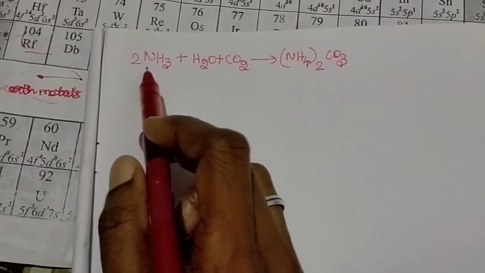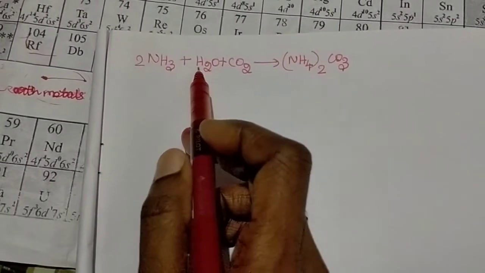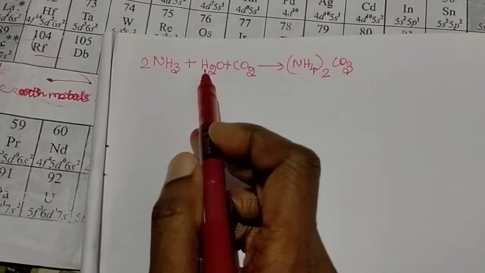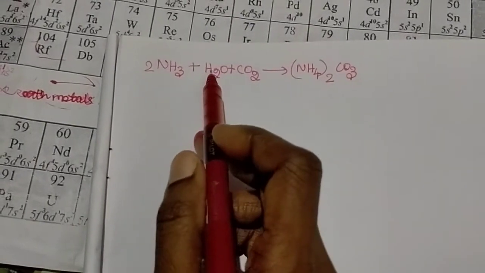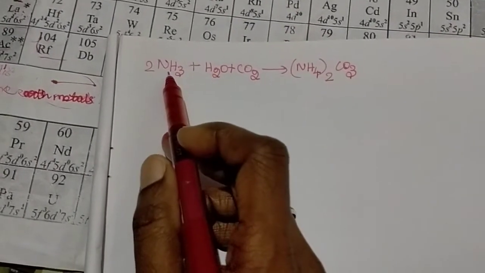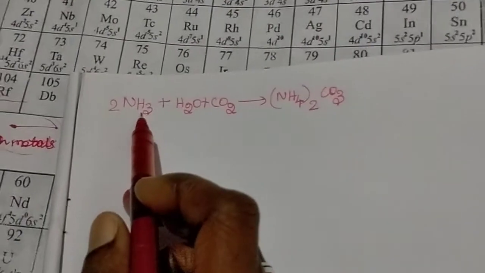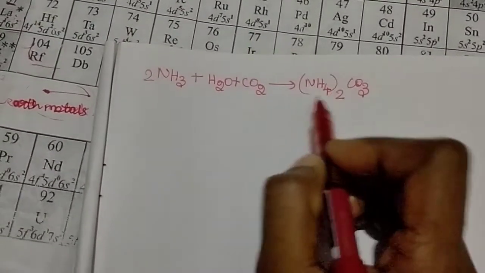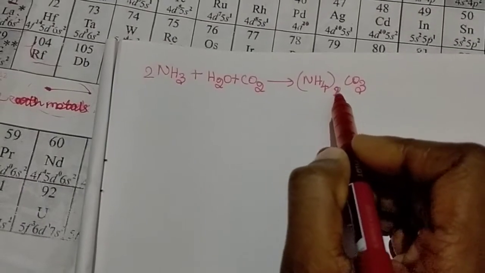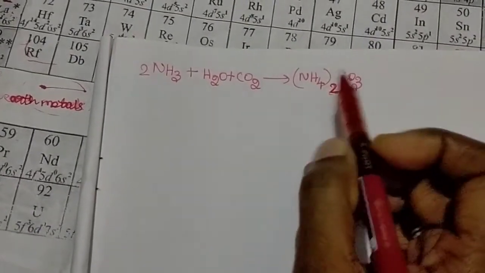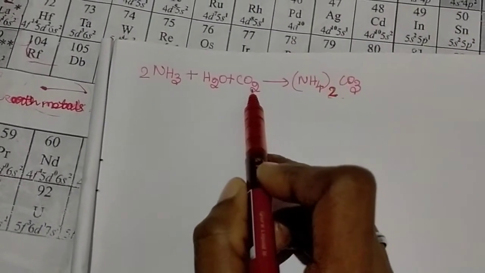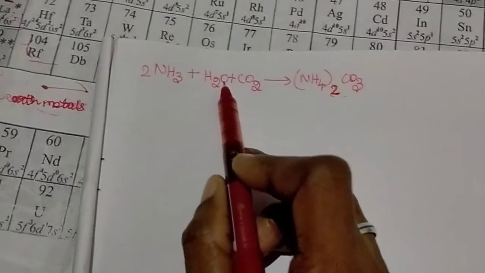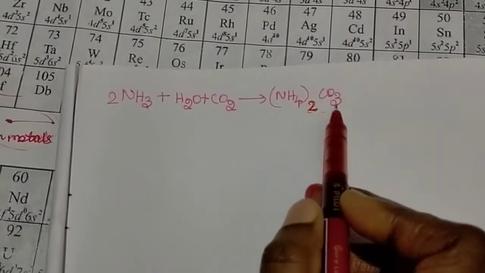Now, in NH3 you have hydrogen, so combining hydrogen with ammonia it becomes ammonium, NH4. How many times? NH4 twice, so we put 2 here. Then the remaining CO2 combined with this O becomes CO3.